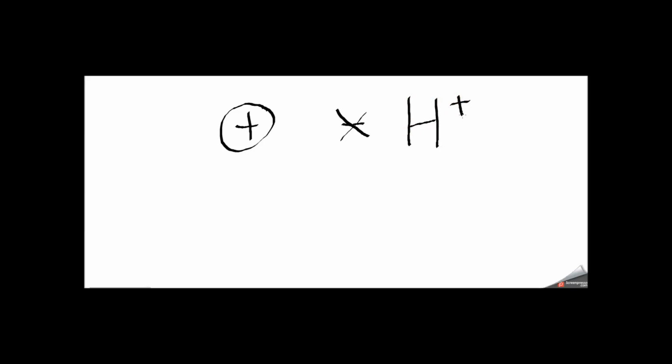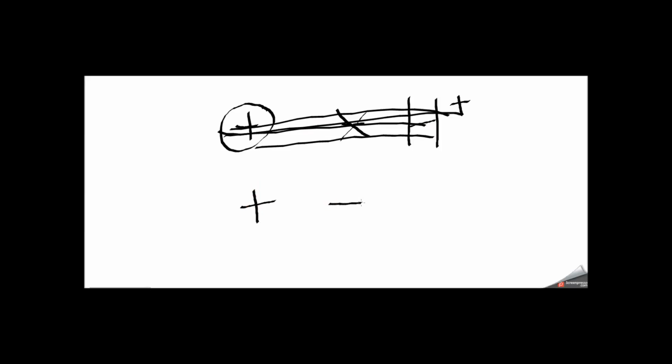This applies to any atom when you remove an electron. When you add an electron, however, let's look at that same situation again. You have a positive proton and you have a negative electron. If we were to add another negative electron, it will be overall negatively charged, thus calling it H-, because there's more electrons than protons, making it overall negatively charged.